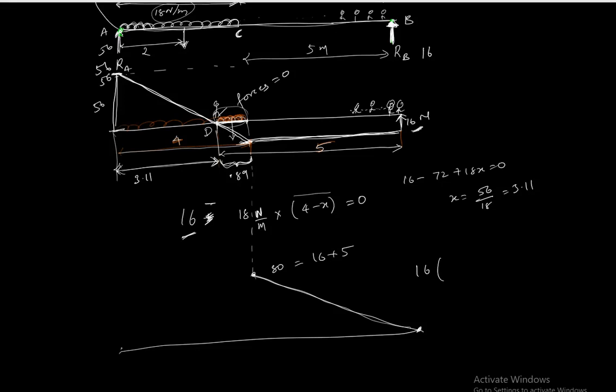So 16 times 5 plus 0.89. And then this force is trying to go that way, so we'll keep that positive. And then there is a moment due to this distributed load, which is downward, so this will try to rotate this beam this way, so that will be negative.